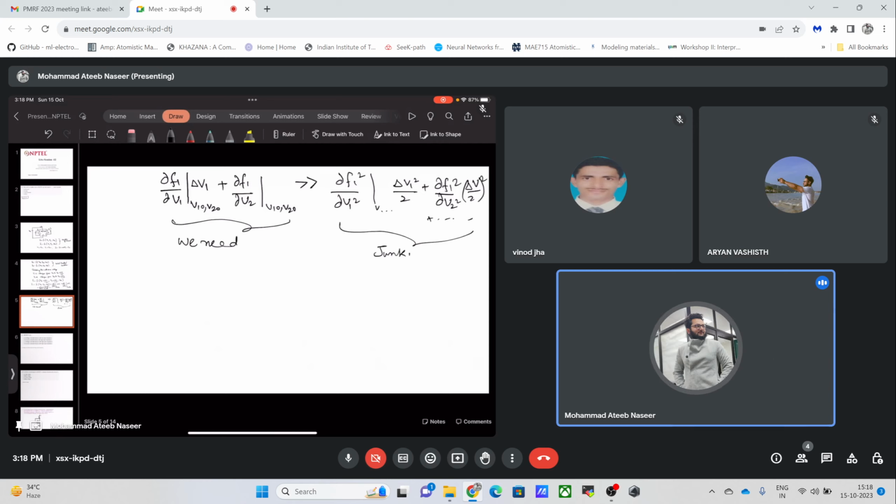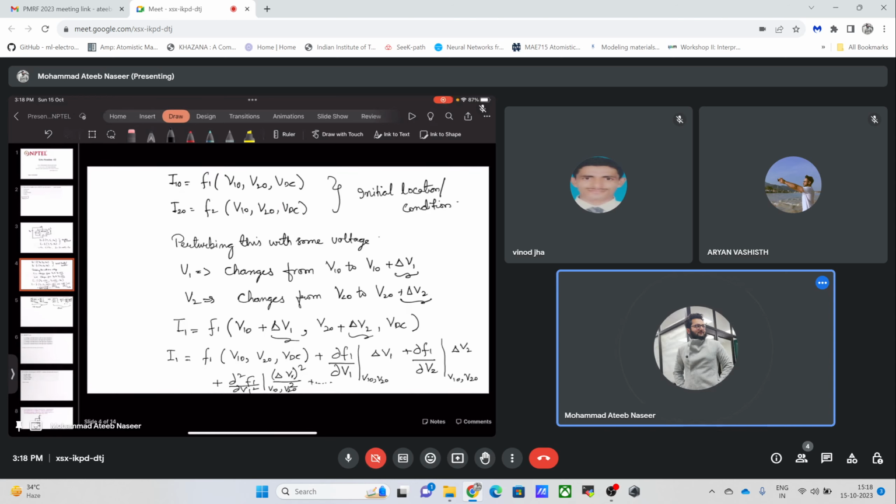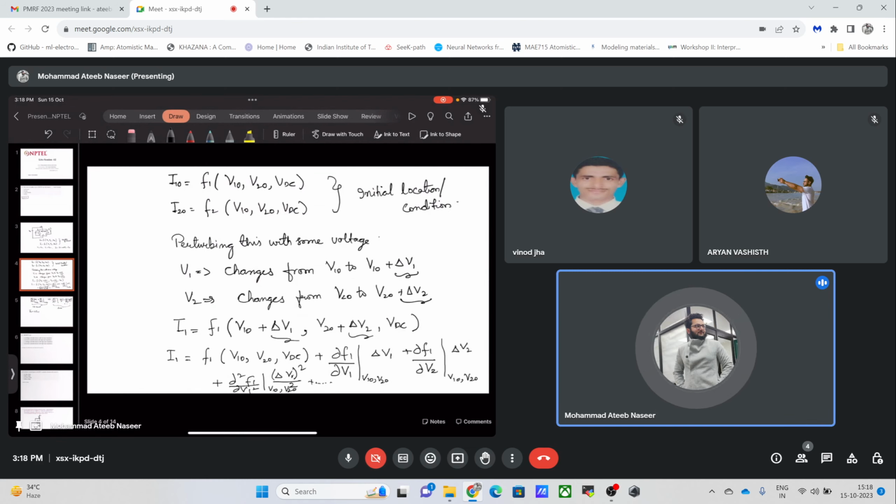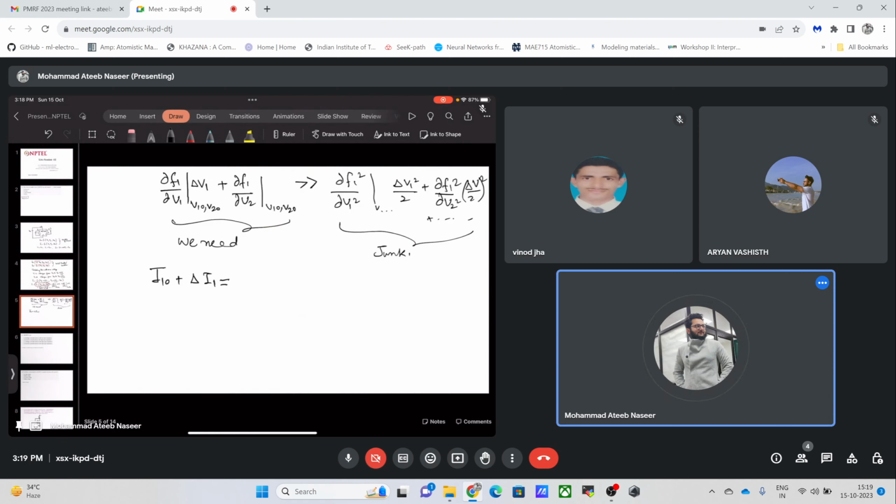Now if we consider the first order approximation to the equation that we found, this I1 is simply I1(0) plus some ΔI1, and these two terms are simply I1(0). So I1 is I1(0) plus df1 times Δv1, and let us ignore the higher order terms.